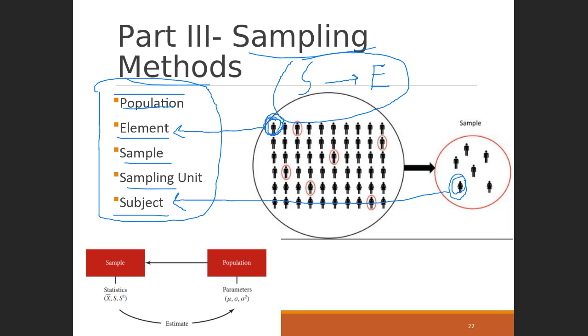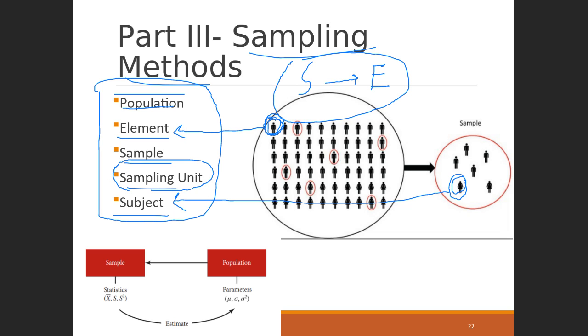Otherwise, our sample would not be representative of the population which we are investigating. We will be using these words, elements and subjects, in the coming slides. So you need to be aware that a single member of the population is called an element, and a single member of the sample is called a subject.